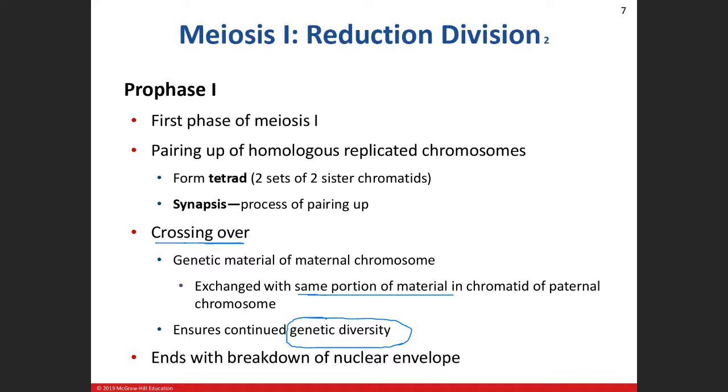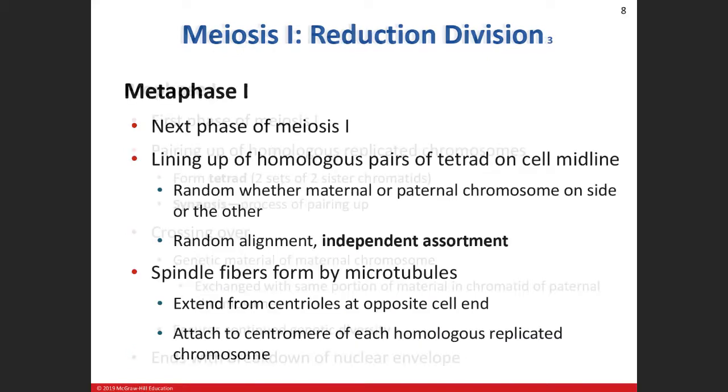So now, at this point, we're going to start to break down the nuclear envelope. And you remember the nuclear envelope is to the nucleus what the plasma membrane is to a cell. So the nuclear envelope is that kind of barrier that separates the nucleus from the cytoplasm. So that starts to break down, okay? Now it leads us into metaphase, which is the next phase here.